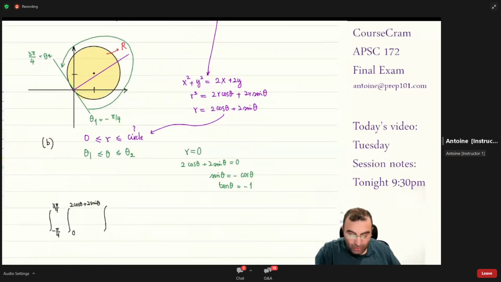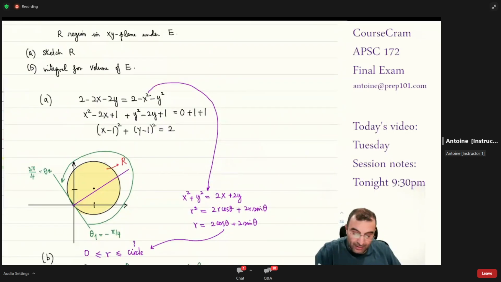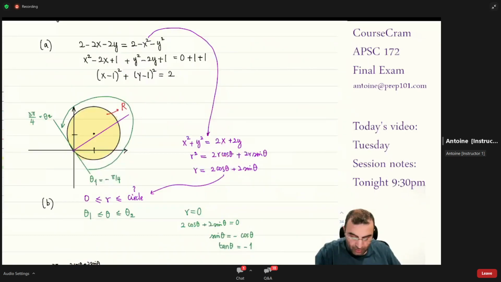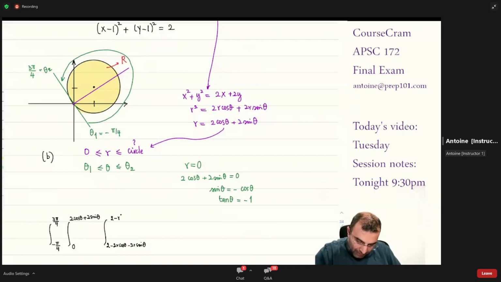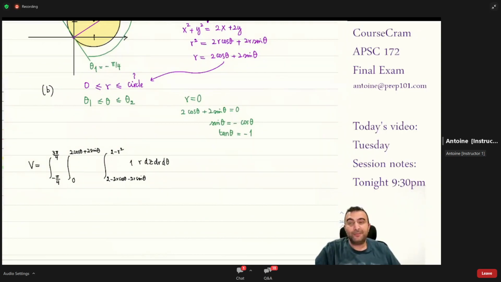So Z goes from 2 minus 2r cos theta minus 2r sine theta, and it's below 2 minus r squared. And it's r dz dr dθ. Clearly, they're not going to ask us to evaluate this. It's hell. But they could just as well ask us to write it down.